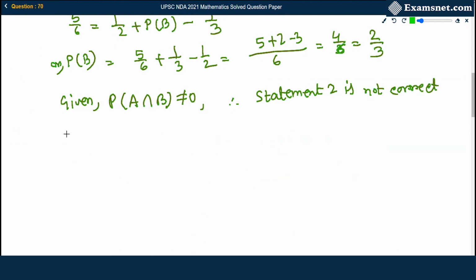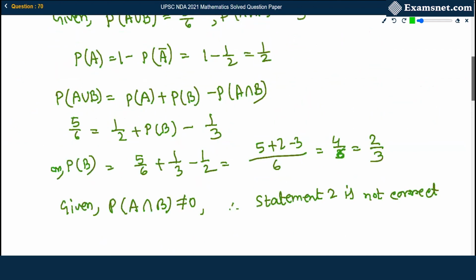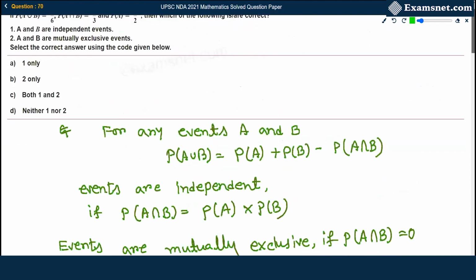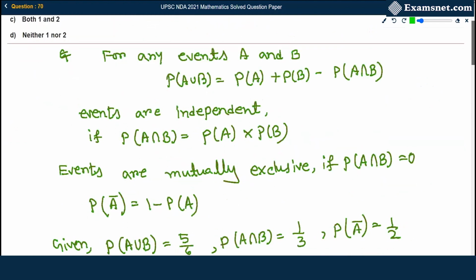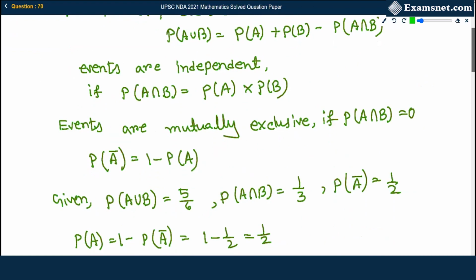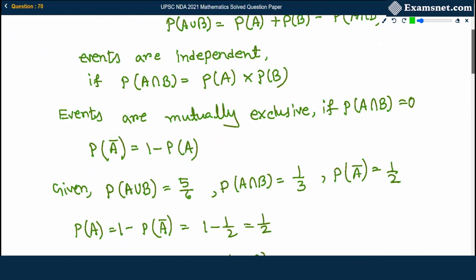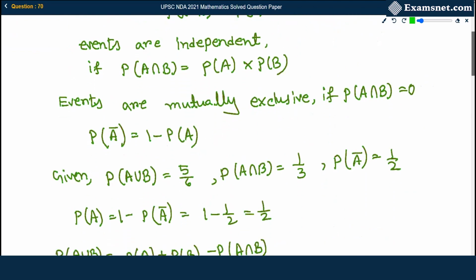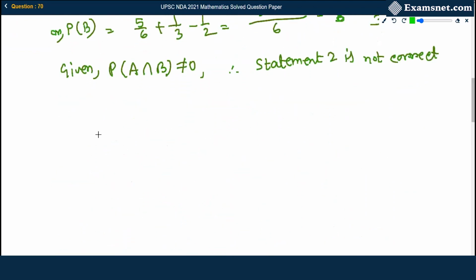Now let's check statement 1. They said that A and B are independent events. Okay, so if they are independent, then probability of A intersection B should be equal to the product of probability of A and probability of B. So let's check.